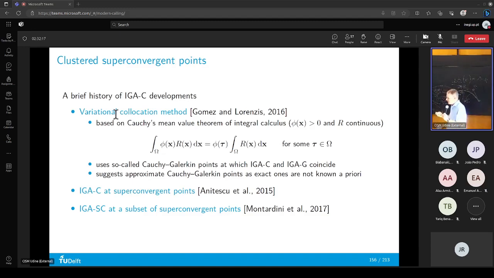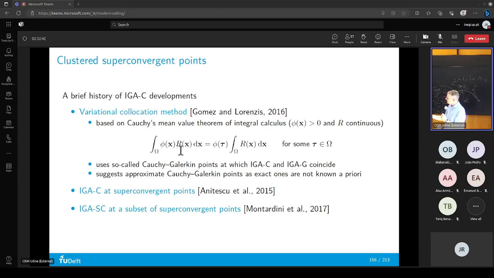And the mathematical basis of that is Cauchy's mean value theorem of integral calculus. When I had my first calculus lecture, I never thought it would be of so much importance in my life or in research. It's from 18-something, and it says this test function has to be all positive and R has to be continuous.